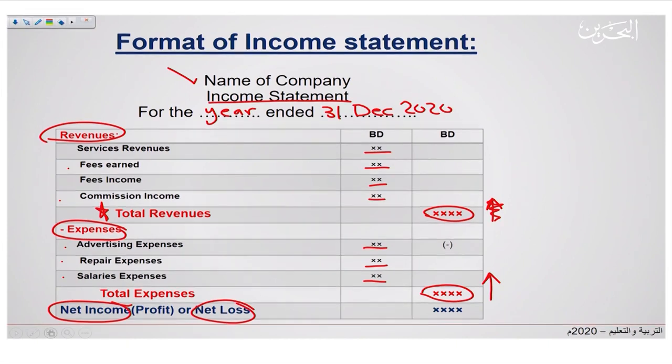Then to find out the amount of losing or gaining, we have to subtract the total revenue minus the total expense. Like this, we will find out this amount.